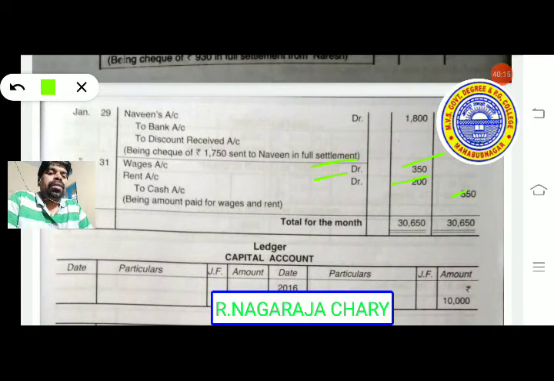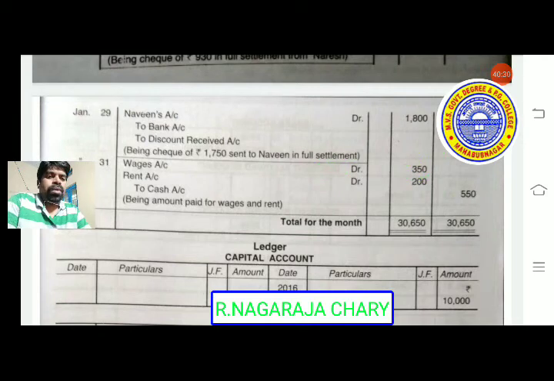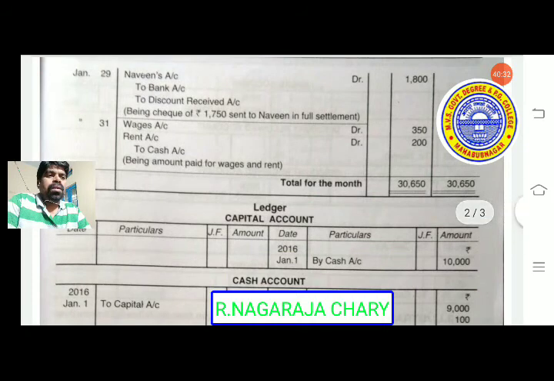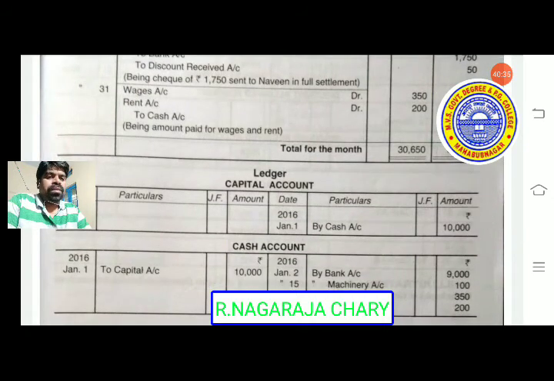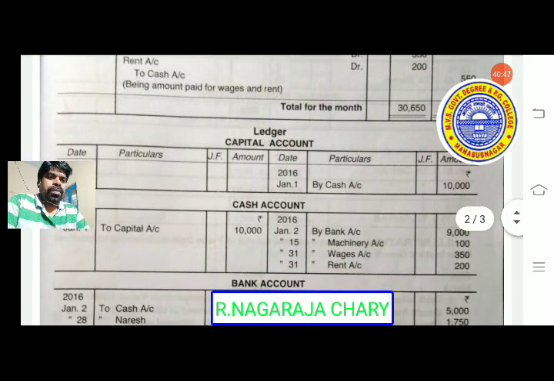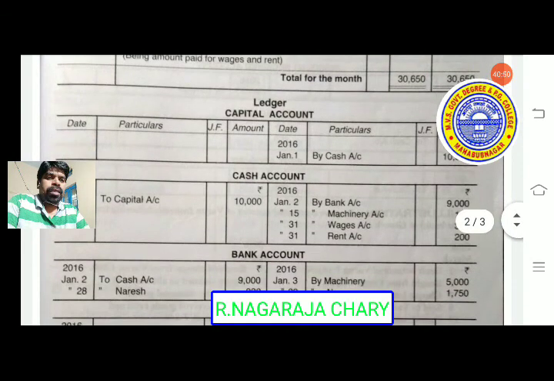Okay, right. This is the journal entry, journalizing the transactions in a journal. In the next video lesson, we will learn how to write ledger accounts and how to post into concerned accounts.